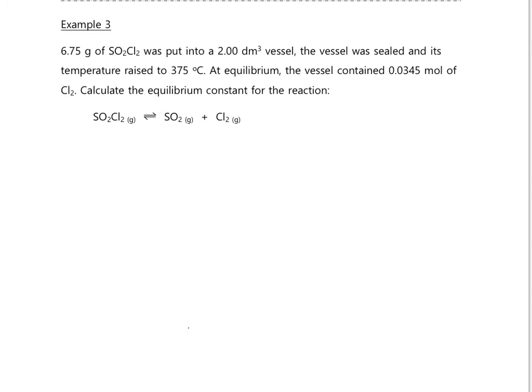Okay, so we're on page 20 now, and this is the last example of this type where we have to work out our initial and our reacting moles. Okay, so what's the first thing I need to do? Units. Okay, so the units of the concentration of SO2 are going to be moles per decimeter cubed.